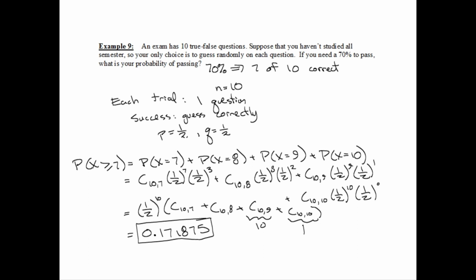Now let's make it a little bit more difficult. Let's suppose that our test is multiple choice and that on each question we have 5 choices. So here, my probability of success on a given question would be 1/5, which would be 0.2.